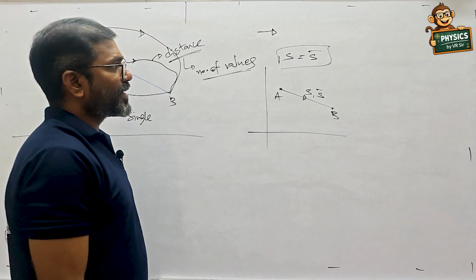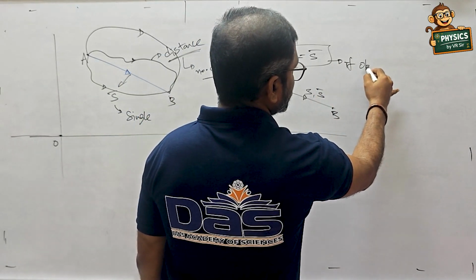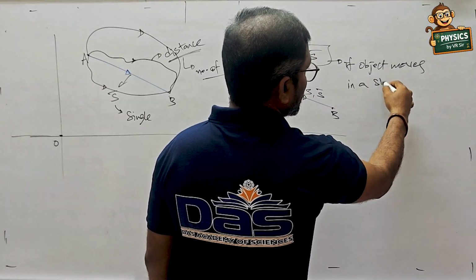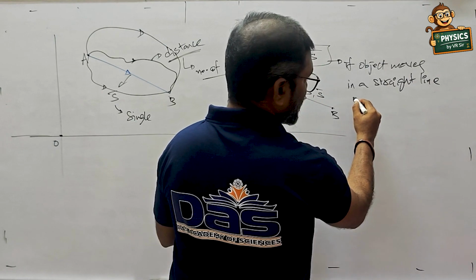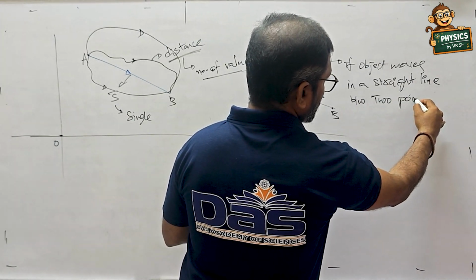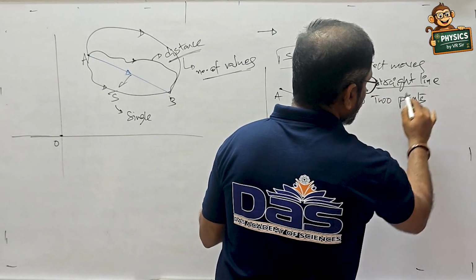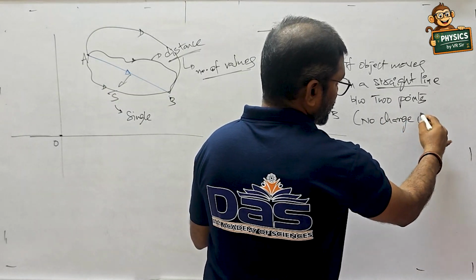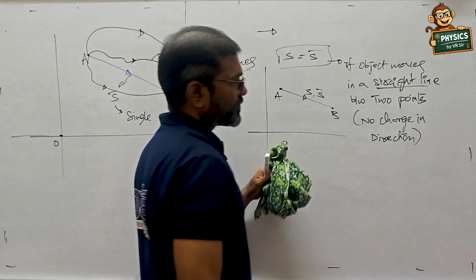So in one case, distance equal to displacement means the object moves in a straight line between 2 points. While it's moving in a straight line it should not change direction.